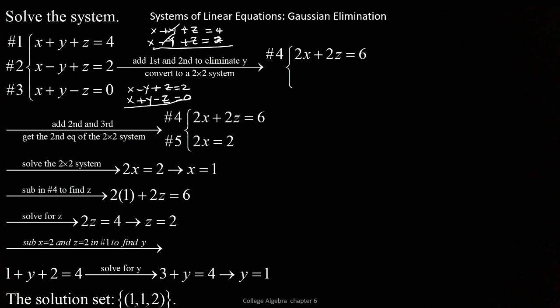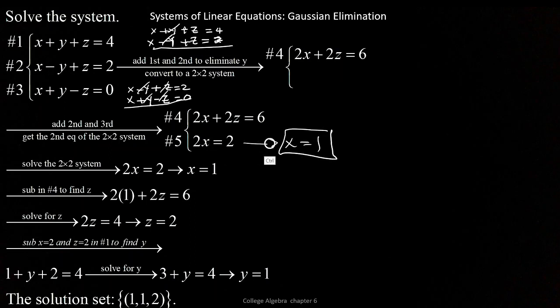Now notice that we didn't have to modify them because they were already opposites. So x plus x is 2x, and in this case the y and the z cancel, and 2 plus 0 is 2. So we got lucky in this case. The z got canceled too, so it's much easier to solve this 2 by 2 system, because the second equation is already solved, because x is 1.